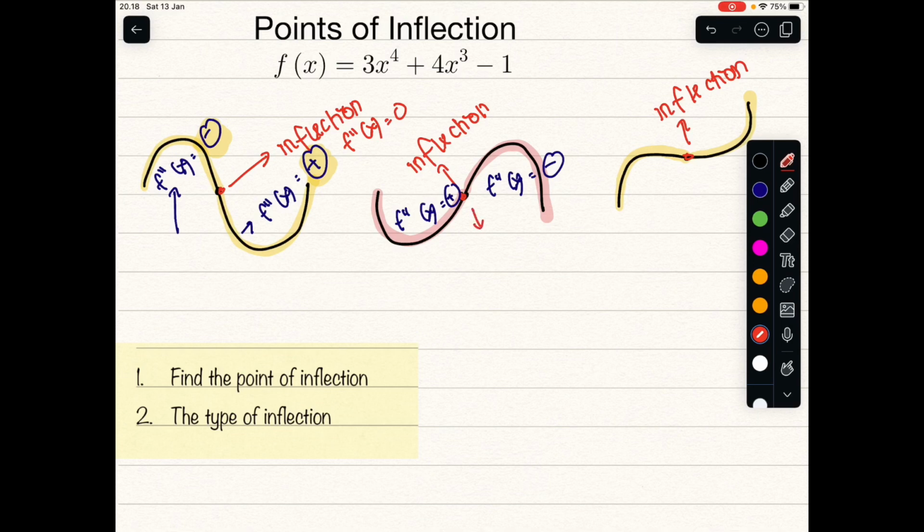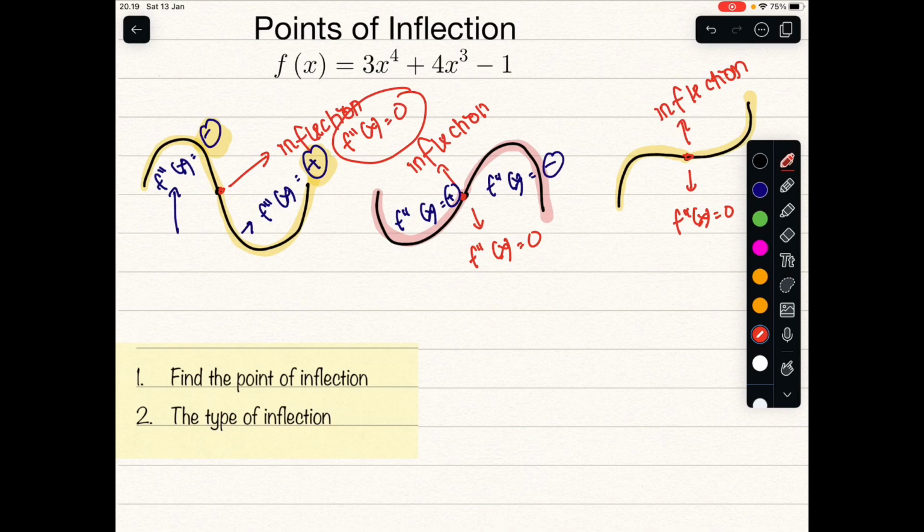At the inflection point, the second derivative equals zero. We can apply that also to the third graph. In conclusion, points of inflection occur when the second derivative is zero and when there's a change in concavity.